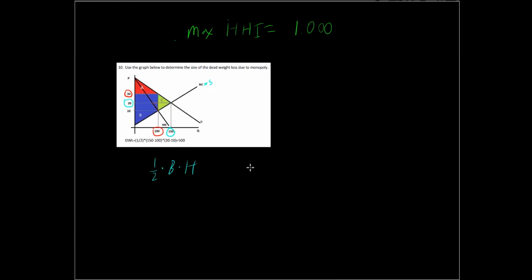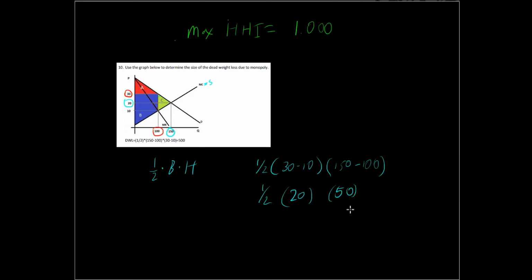Figuring that out here, we have 1/2 times the base of the triangle, which is 30 minus 10, times the height of the triangle, which is 150 minus 100. Simplifying, 30 minus 10 is 20, 150 minus 100 is 50. And we still bring the 1/2 down.